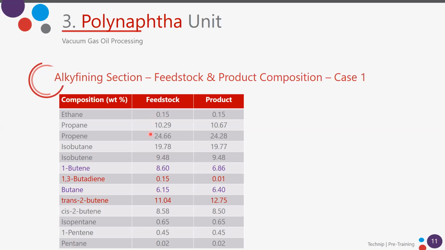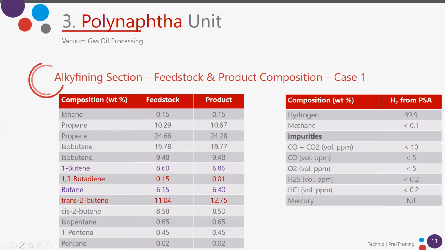We have this composition, and the main objective of this unit is to reduce the content of the 1,3-butadiene. Here you have the composition of the feedstock, the feed to the alkylation section, and the product. So at the outlet of this alkylation section, you have reduced the content of the 1,3-butadiene.